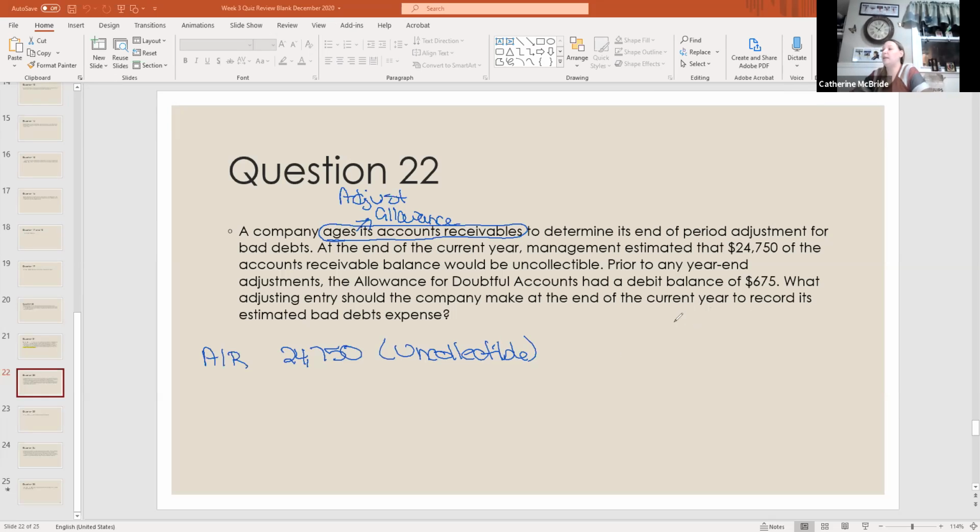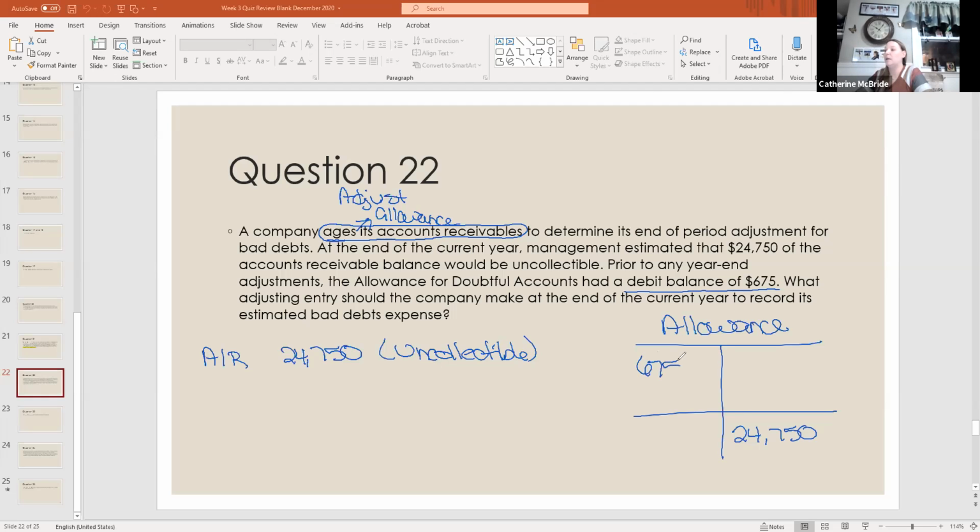So the nice thing about that is when we're looking at our allowance account, what they just told us is that we expect the balance to be 24,750 because that's what isn't collectible. Prior to any year-end adjustments, the allowance for doubtful accounts had a debit balance of 675.